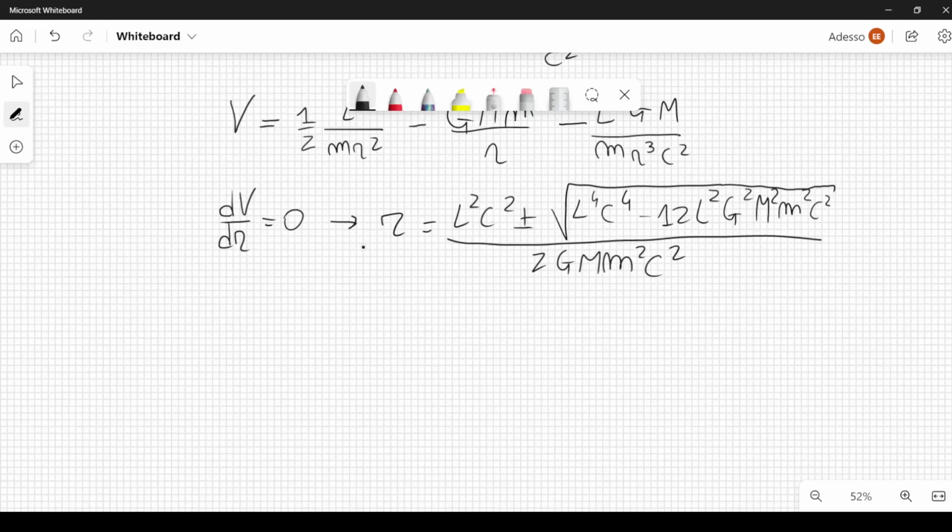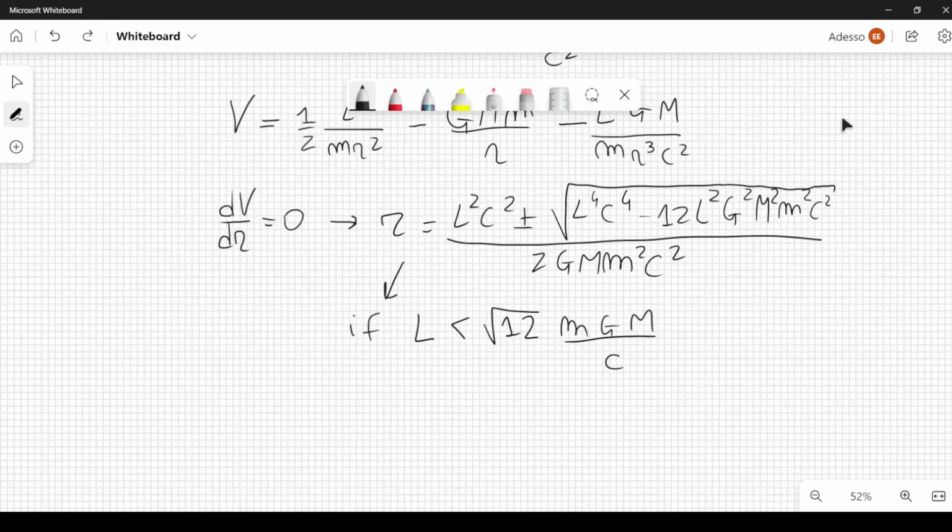From this expression one can understand that if the angular momentum L is less than the square root of 12 times m G capital M divided by c, then this square root will become imaginary. It means that stable orbits do not exist anymore.